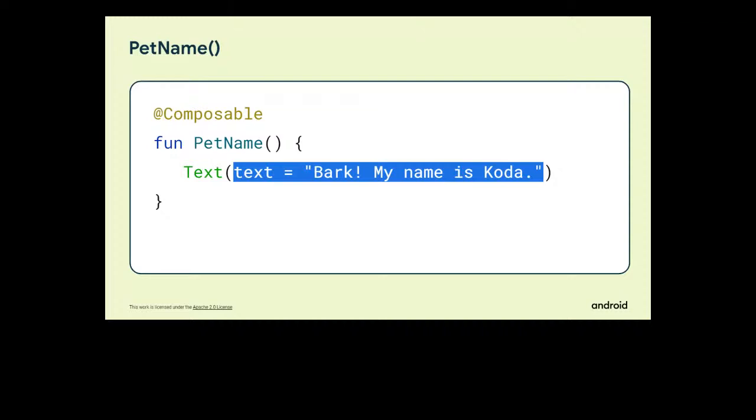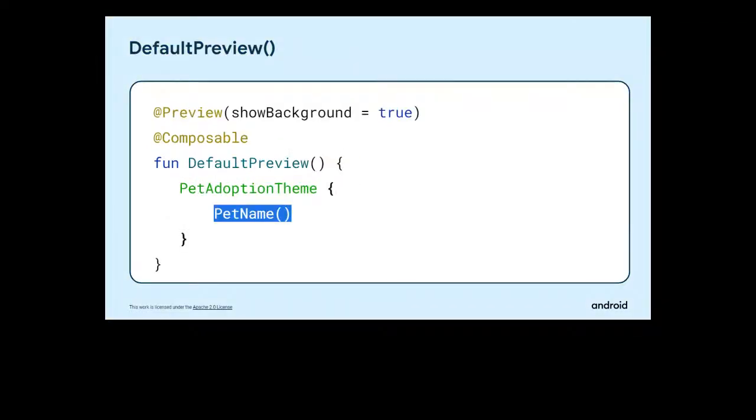We will also have to define the default preview. And this preview will contain the function call for all the functions that we need to display on our interface. So if we have a pet name function and we want to display it on screen, we need to mention that in the default preview under pet adoption theme.